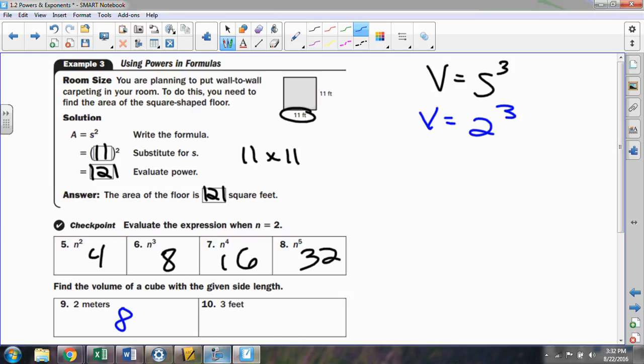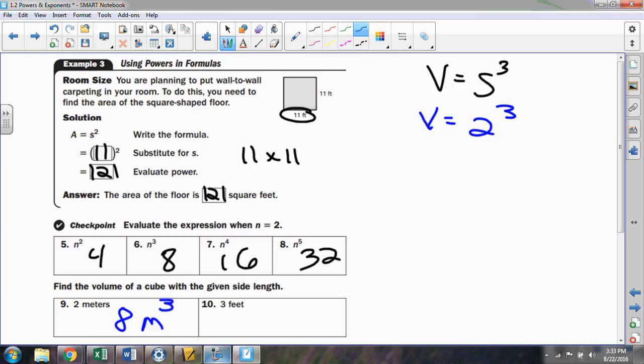What should the label on this be? Meters. Yes, it will have to have the m for meters, but we've got to be careful. Meters is a length. It's 8 cubic meters. Since we're talking about volume, we need to have the cube on that also. Volume is always cubed. Area is always squared.